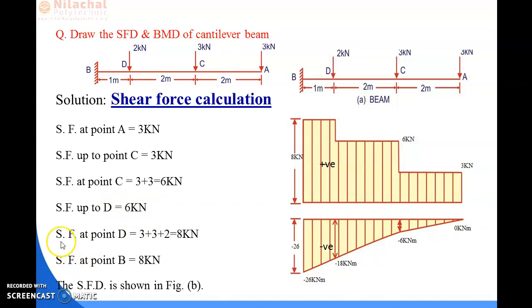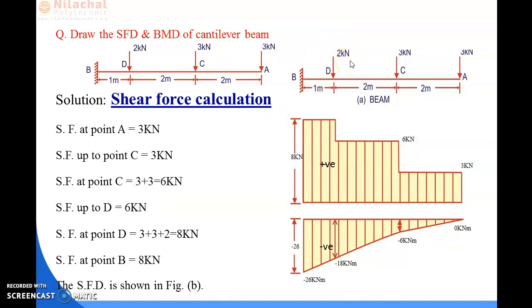Then comes shear force at point D. So the value of shear force at point D is 3 plus 3 plus 2, which is 8 kilonewton. Whenever you calculate the shear force at point D, we need to consider the load at point D. So we got the shear force up to point D is 6 kilonewton, and the load at point D is 2 kilonewton.